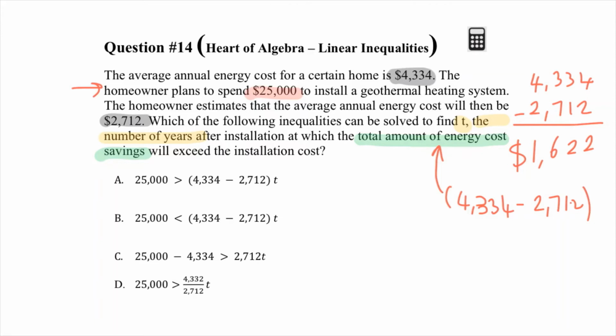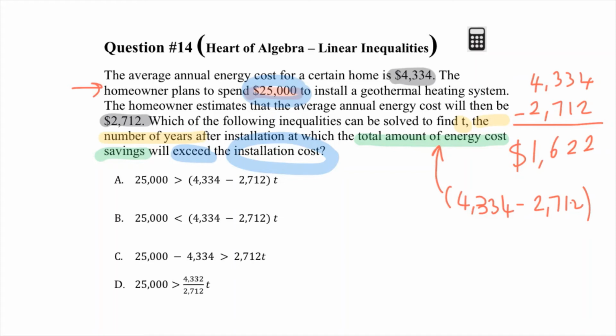Okay. And then it will exceed the installation cost. What does exceed mean? This is another keyword here. Exceed means it is going to be more than the installation cost. So what was the installation cost? Here my installation cost is $25,000.